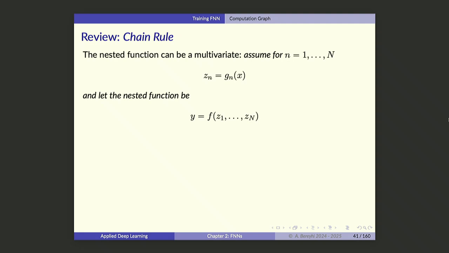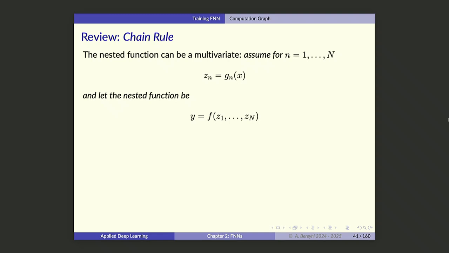If I want to compute dy, how can I write it down? Just remember, in a multivariate function, how can I compute the change at the output? The gradient, right? And the gradient contains the partial derivatives.